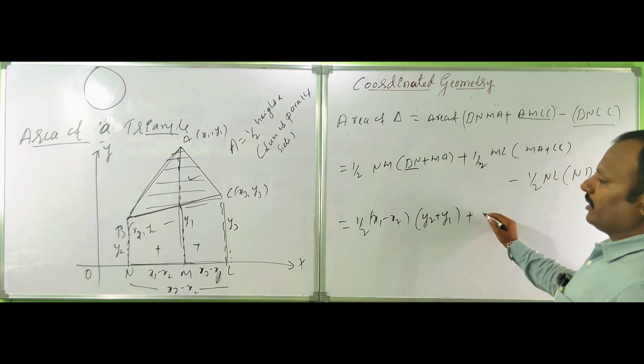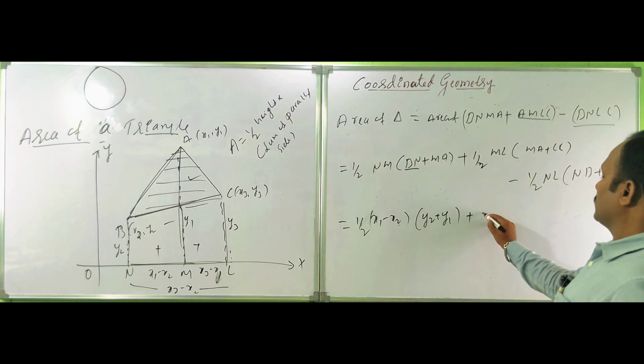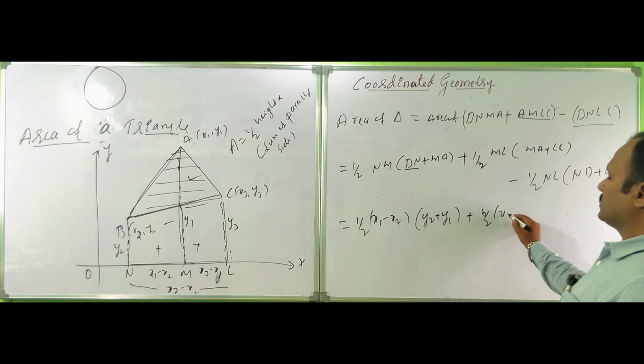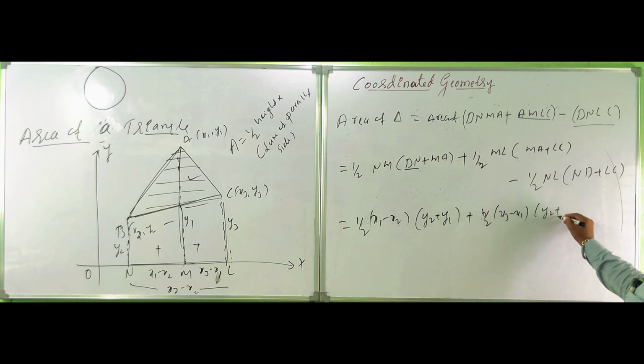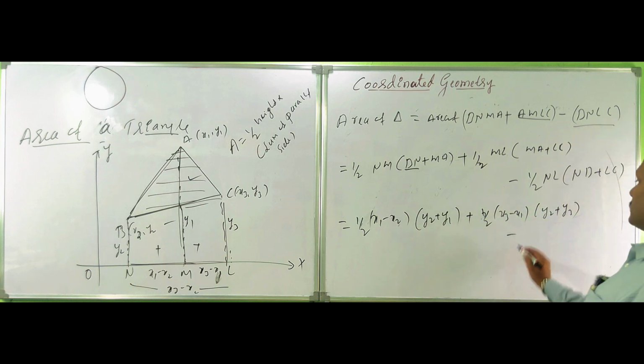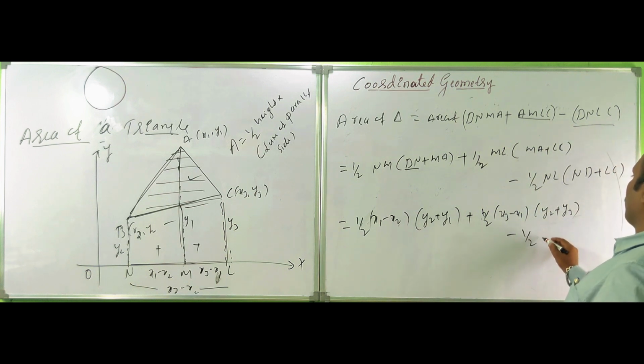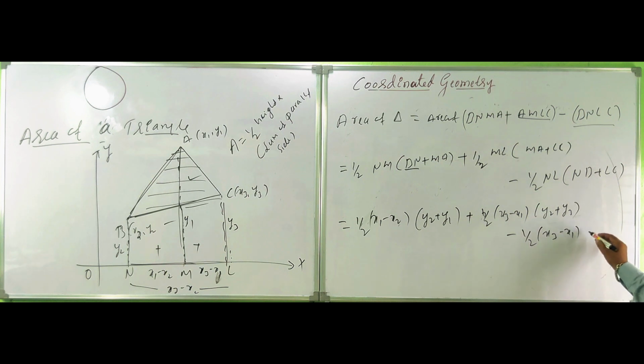Plus, what is ML? 1/2 x3 minus x1 into MA y1 plus LC y3, minus 1/2. What is NL? NL is x3 minus x1, then the sum is NB, y2, plus LC, y3.